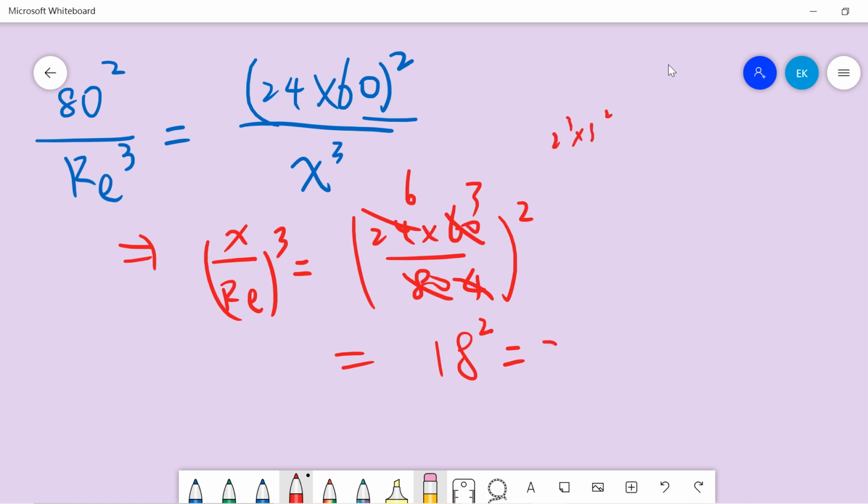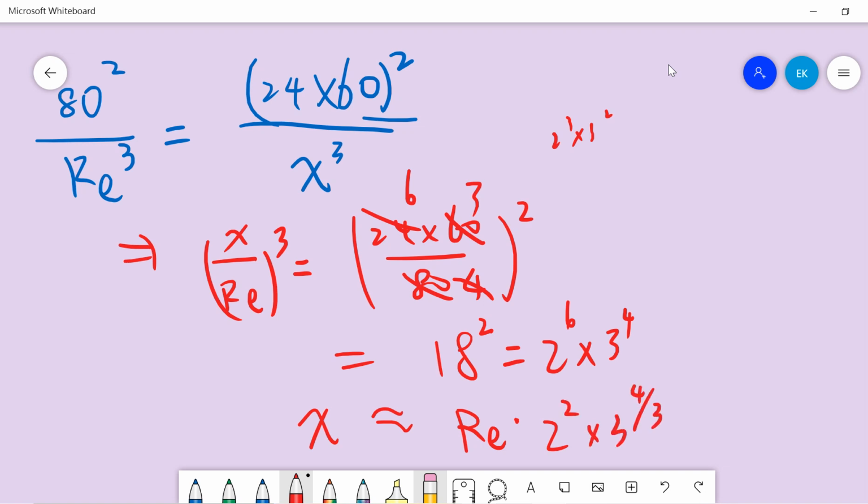Okay, so you have this. So your x is close to Re times 2 to the 2, is this one. Okay, so it's 4 Re times something.